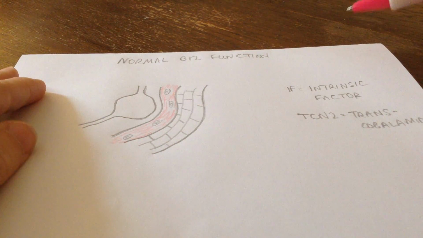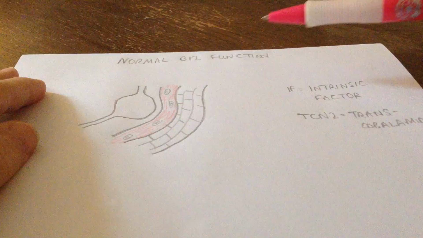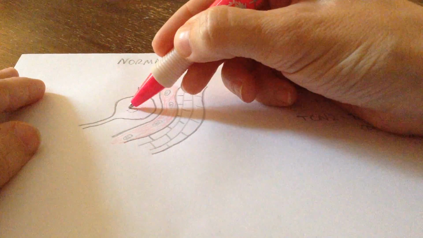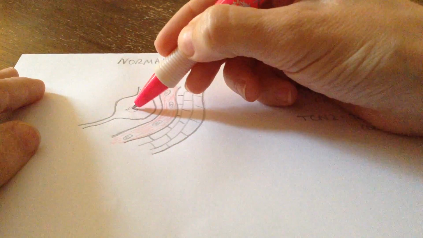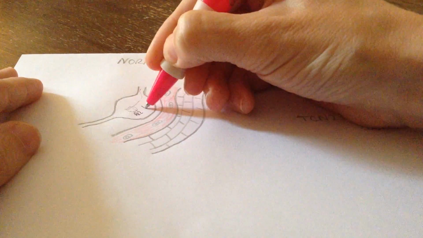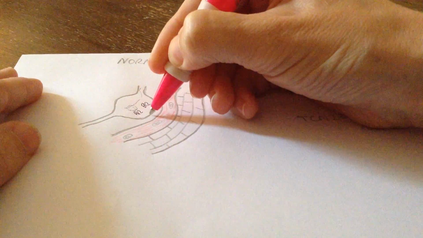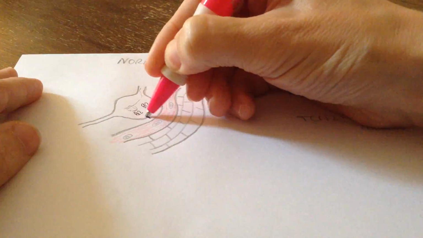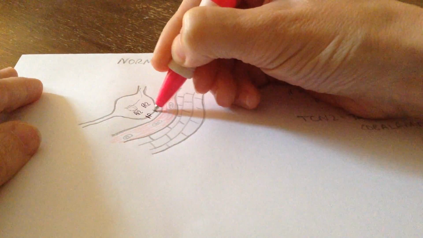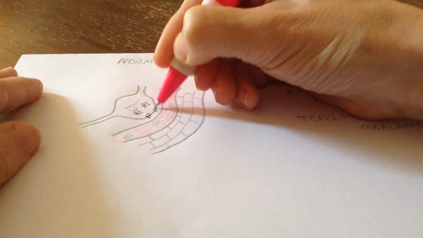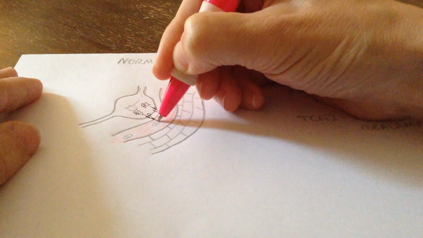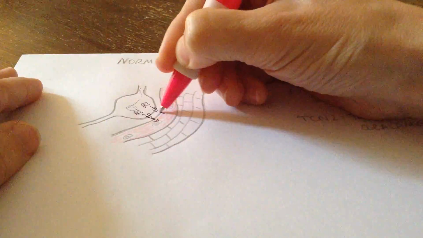So in this person with normal B12 function, the food comes down into the stomach. The B12 is extracted. I'll just write that in. And what happens is intrinsic factor in the lining of the stomach here, I will draw that on as IF, picks up the B12 and transports it over into the bloodstream.